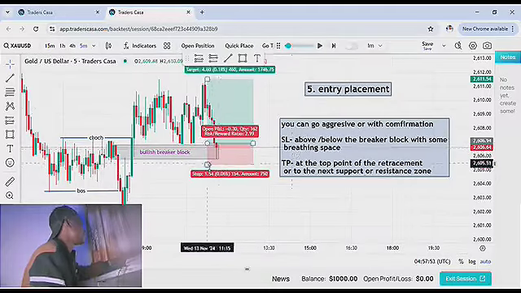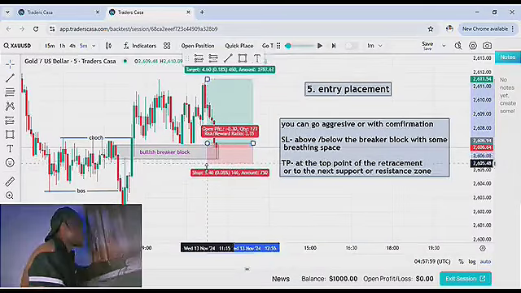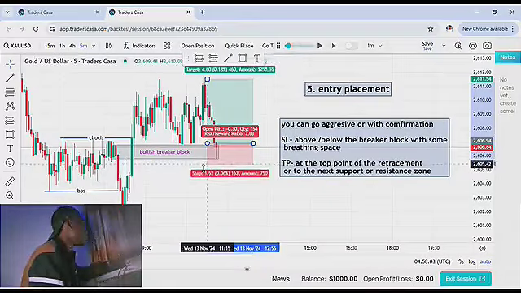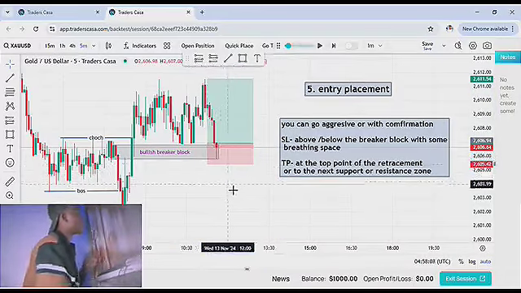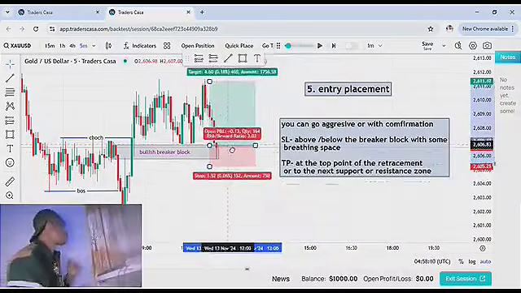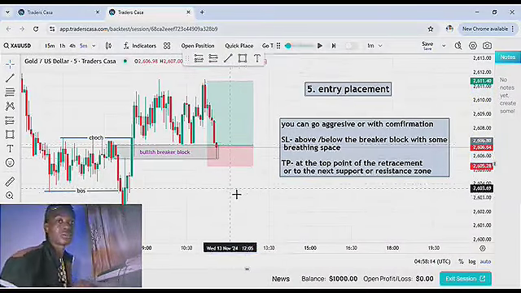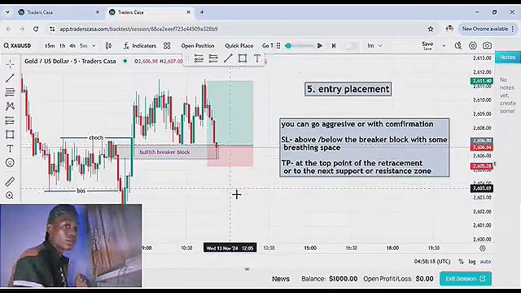You should give it a breathing room of this nature. You understand? You give it a little bit of breathing room, so that even though price has to consolidate a little bit, it won't take you out completely from the trade. It's fine being in a little bit of drawdown.